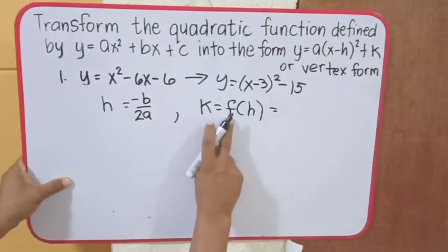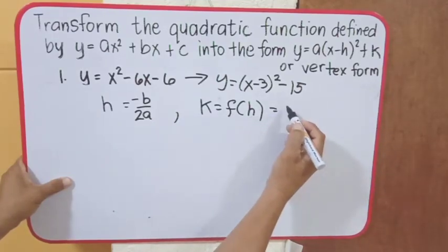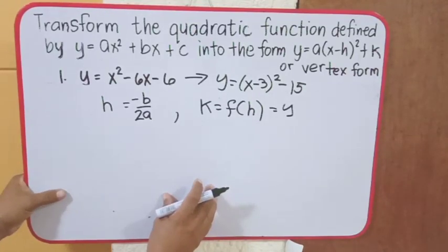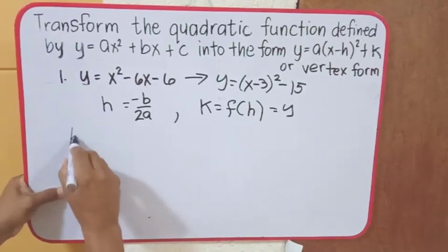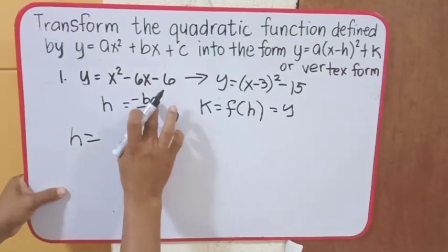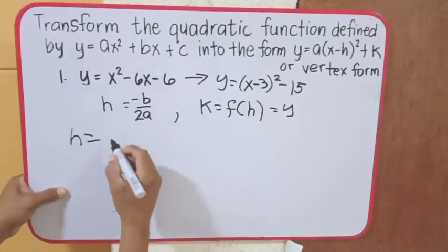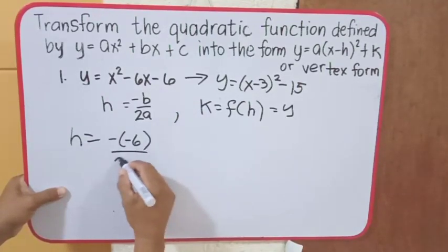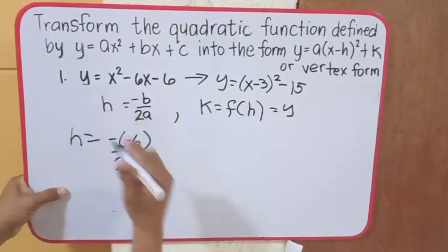Where yung f of h is also equal sa y. So, solve na natin. Kunin na natin yung value ng h. h equal to, substituting b by negative 6 over 2a is 1.